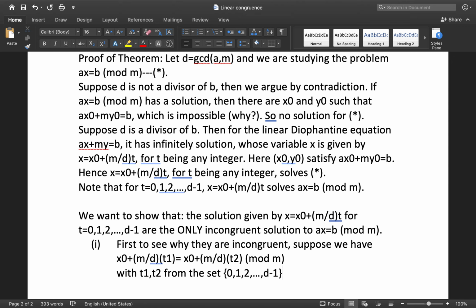What I'm doing here is I just pick any two members from those solutions. I choose those T1 and T2 from the set 0, 1, 2, up to d minus 1, and I say, well, if they're congruent, then what happens? This is the method of arguing by contradiction, because I want to show those members must be incongruent, but I first assume they are congruent.